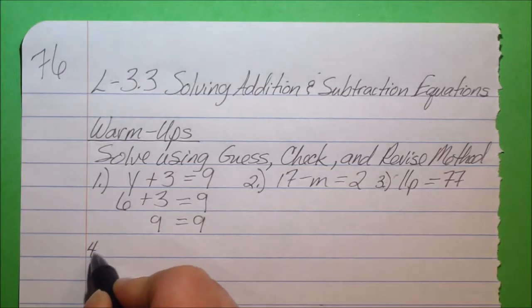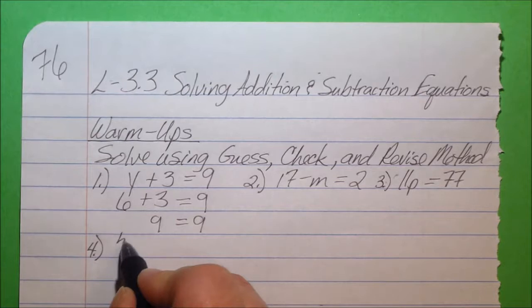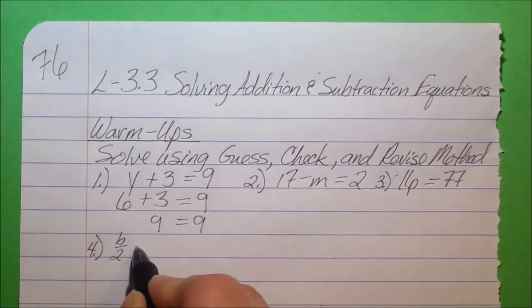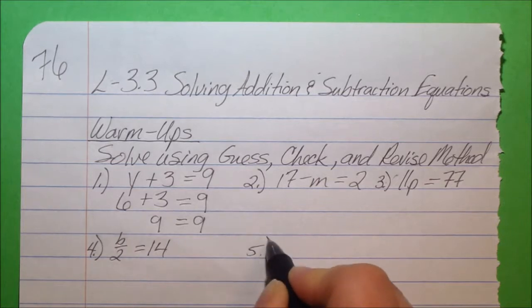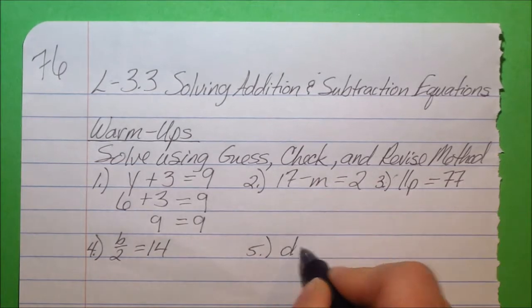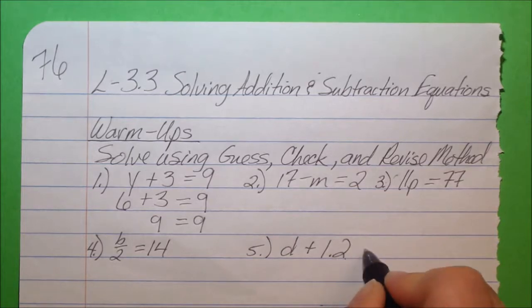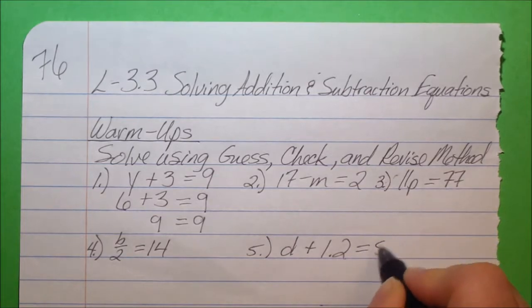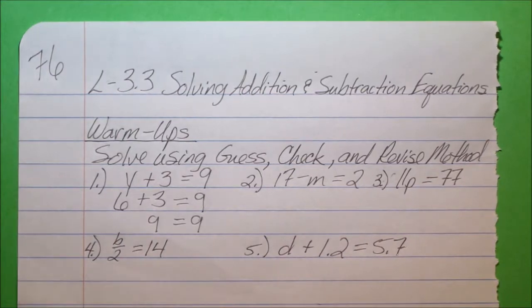Number 4, B over 2 equals 14. And number 5, d plus 1.2 equals 5.7. All right, so warm up your brain with those, and when you are done, be ready to write your I can statement.